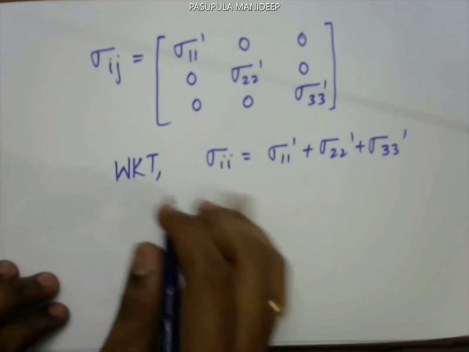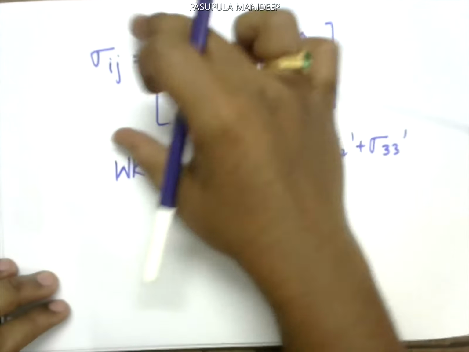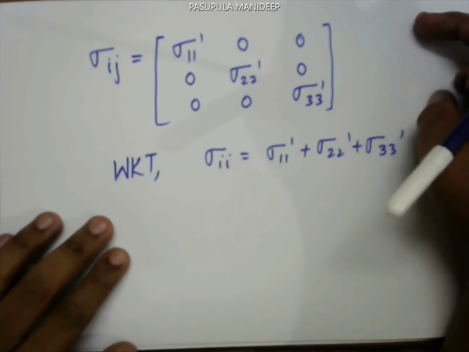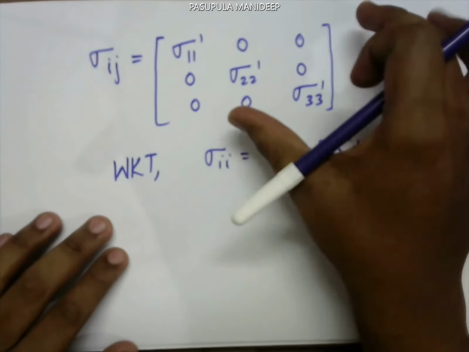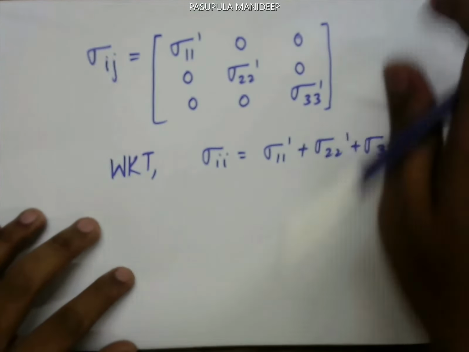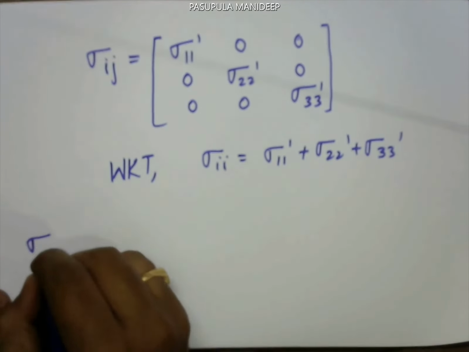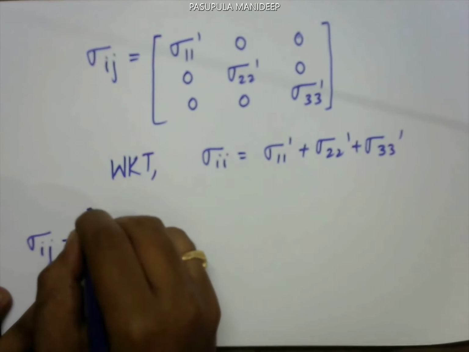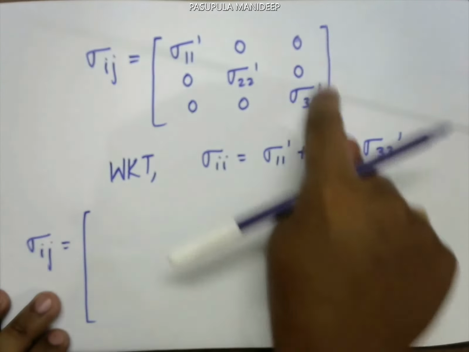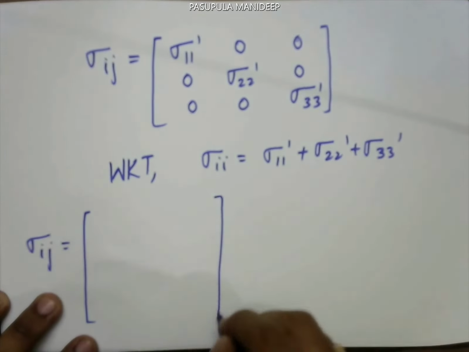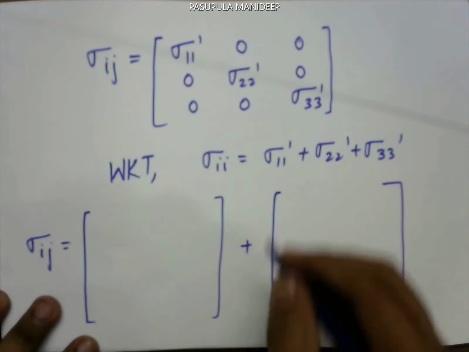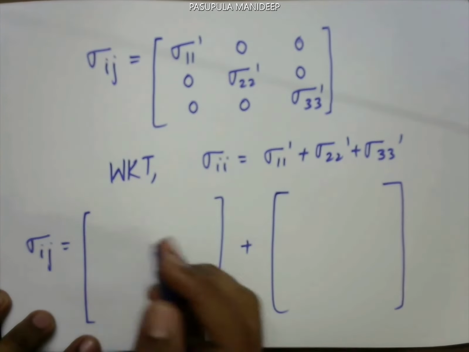So let us now divide this stress tensor into two parts, such that one part will be isotropic and the other part will arise automatically.